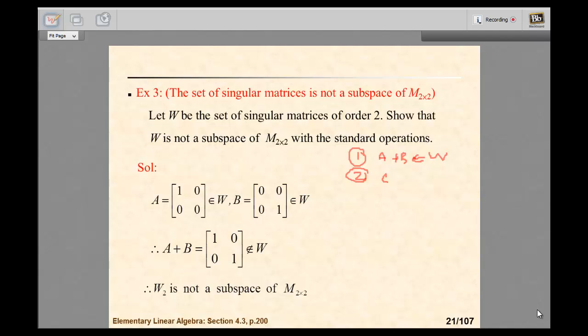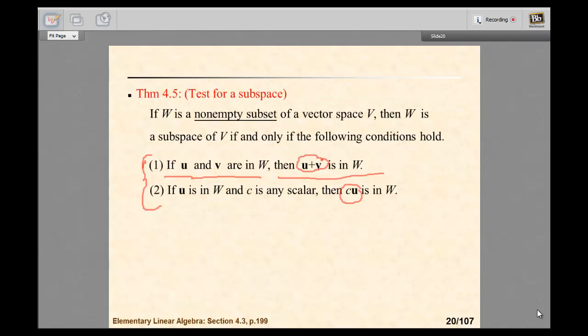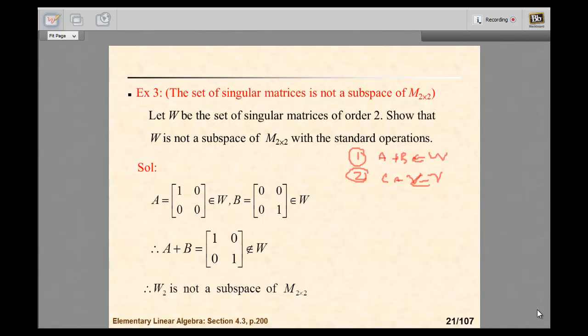And the second property must hold: if we multiply any vector by C, it also belongs to V. So these two properties hold, as I showed you previously: C times U belongs to W, and U plus V belongs to W. So let us see in the example.